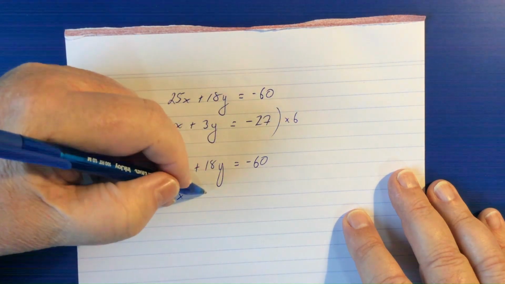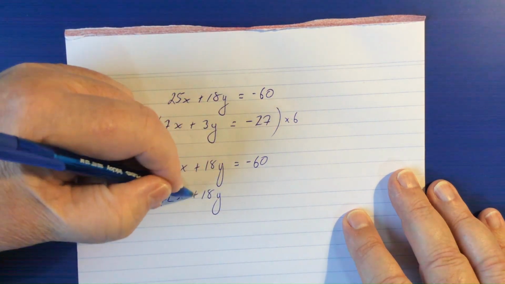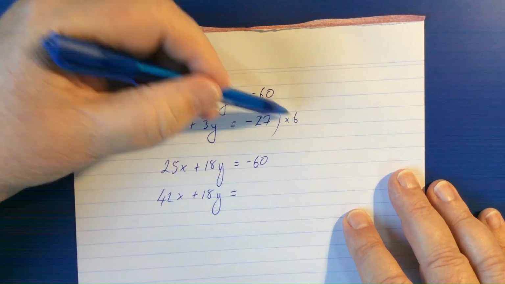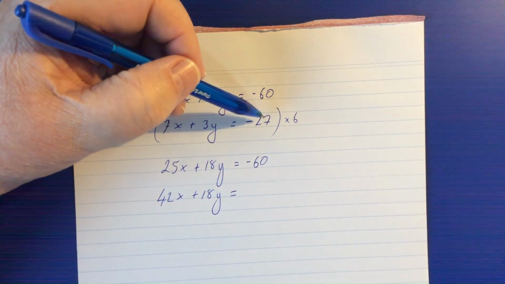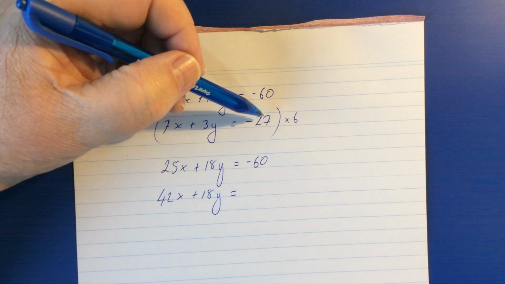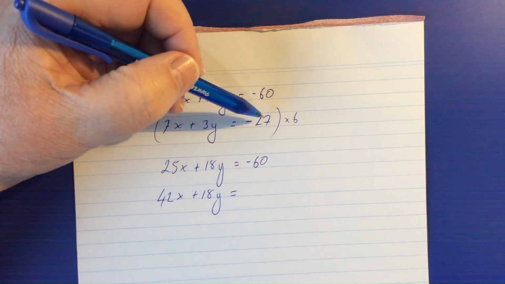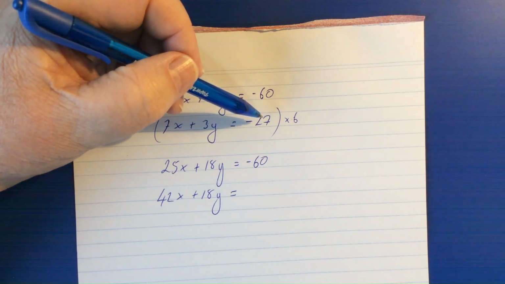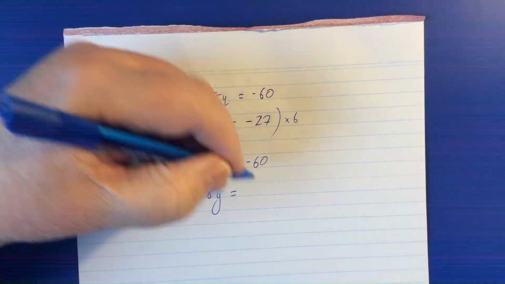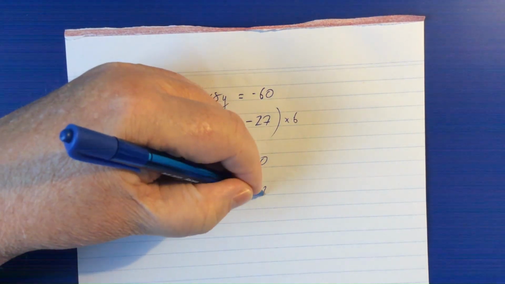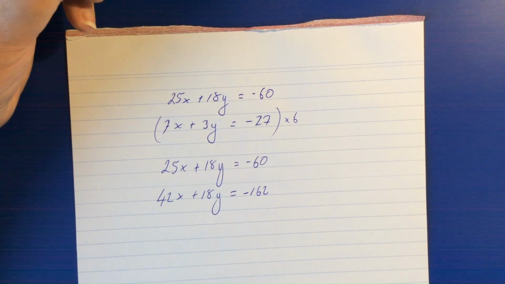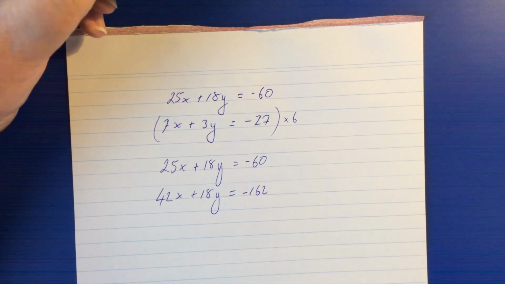plus 18y equals 6 times 27. 3 times 27 is 81, so 6 times 27 will be 162, and that is negative 162. Okay, some tidying up.